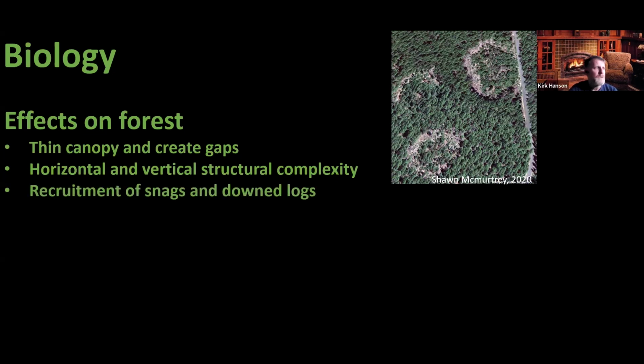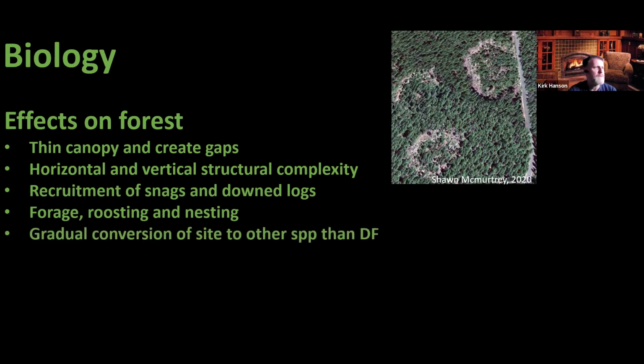Since it's obviously killing trees, we get a recruitment of snags and down logs, which can also provide forage, nesting, and roosting habitat. So these types of pathogenic fungi are critical for creating habitat structures for all different types of birds and mammals.